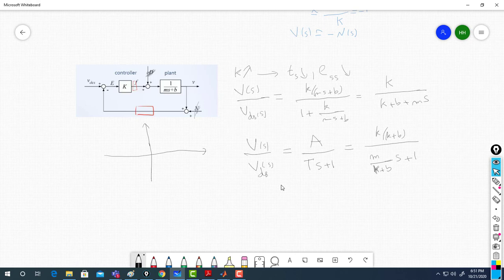The old system, my plant without the controller, has S equal to minus B over M as a pole. That's why it's stable, because it's in the left half plane of my S plane, real and imaginary.